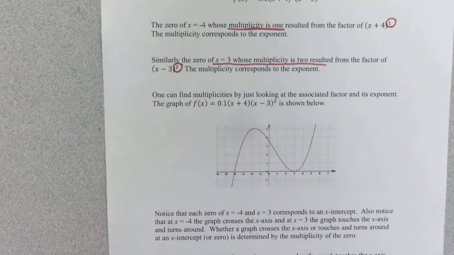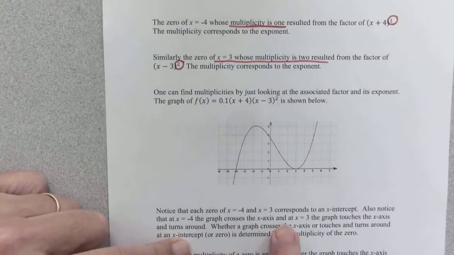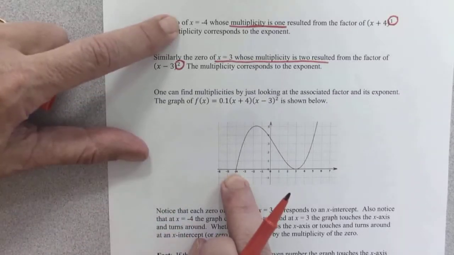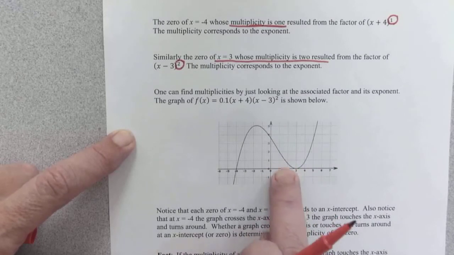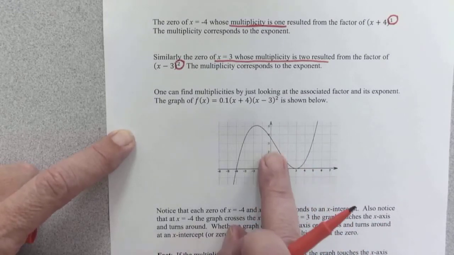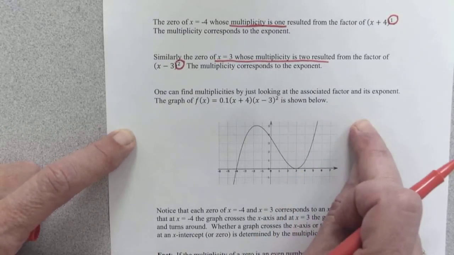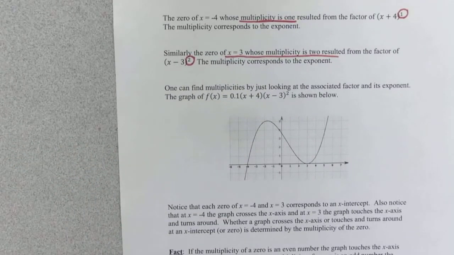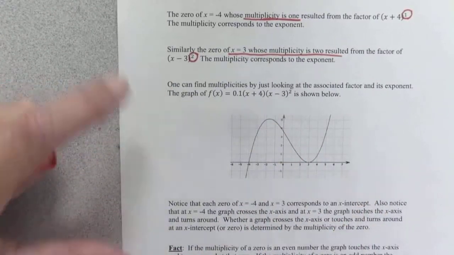But I want to notice a little more: at x equal negative 4, the graph crosses the x-axis. There's my x-intercept, my zero of negative 4. And at x equal 3, it does what we call touches and turns. It comes down to 3, touches and turns and goes back up. That is another thing about multiplicity: the multiplicity determines whether the graph is going to cross or touch and turn.